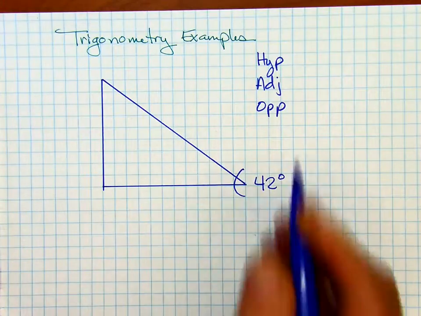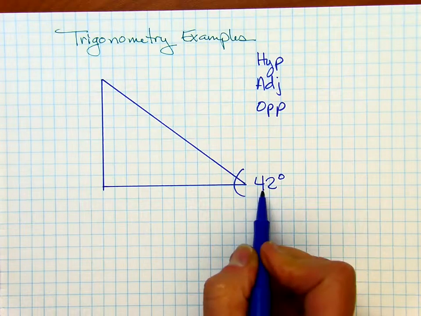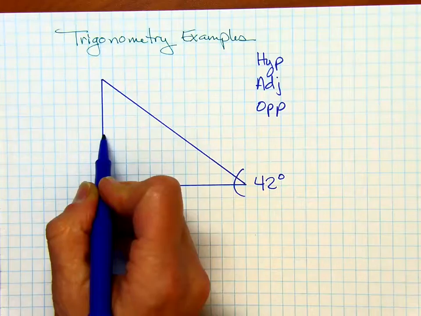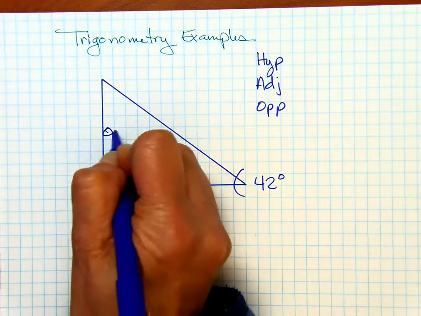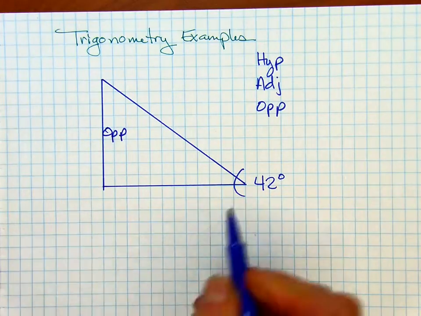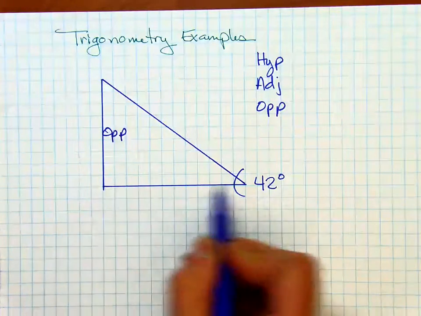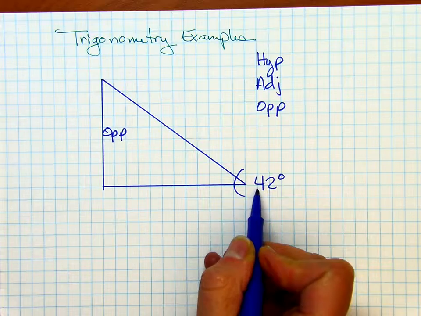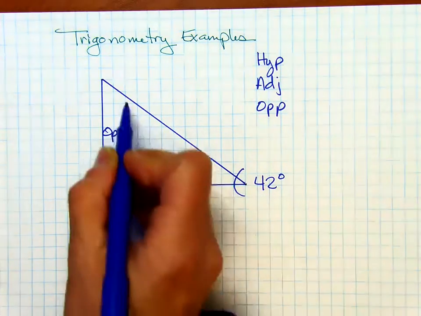Okay, and that's how I'm going to label it. So now the side that is opposite the angle is going to be over here, so this is going to be opposite.